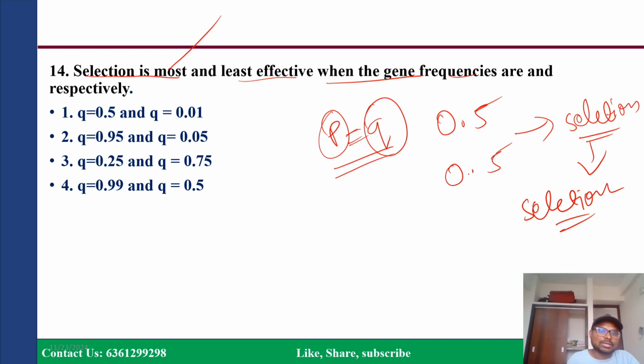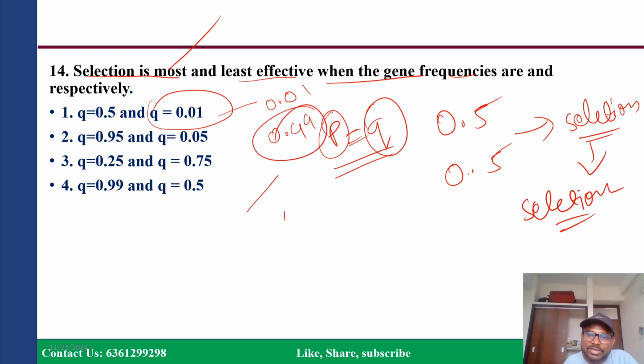If Q is 0.01 and the other allele is 0.99, one of the alleles is nearly fixed in the population. If an allele is fixed, what will we select? That's why when allele frequency P is 0.5, your selection opportunity is more, and you can select better plants. When P is 0.5 and Q is 0.01, selection is least.